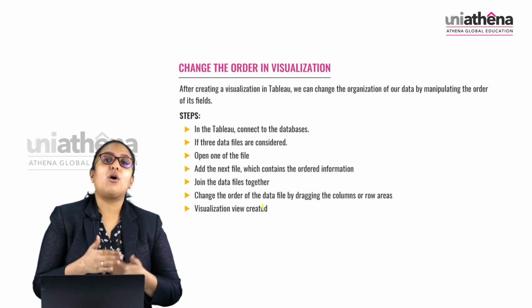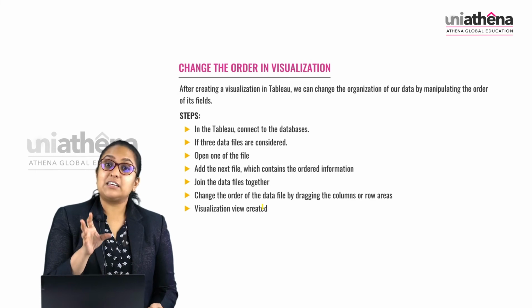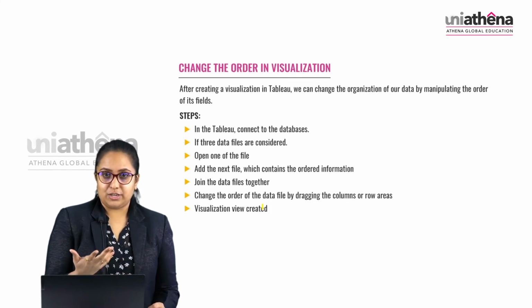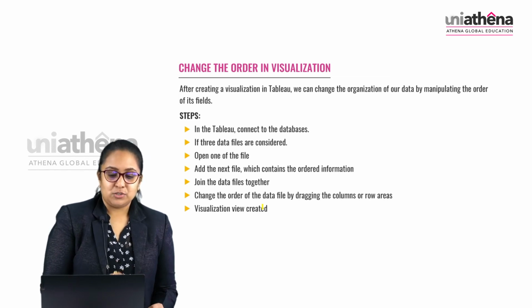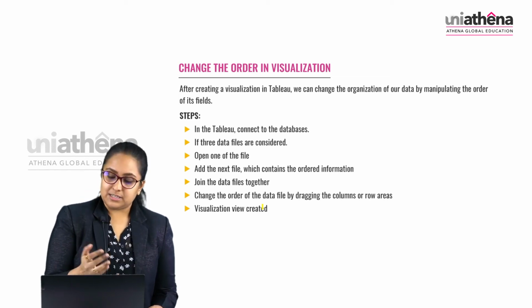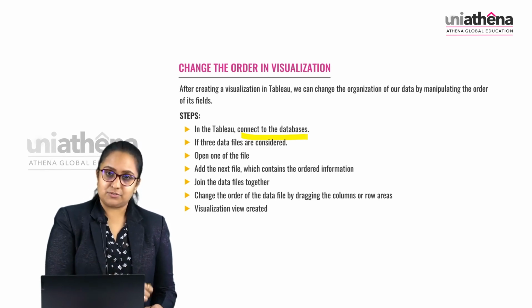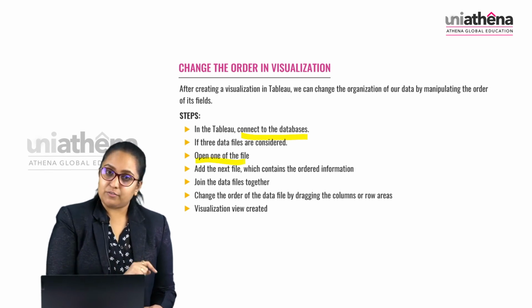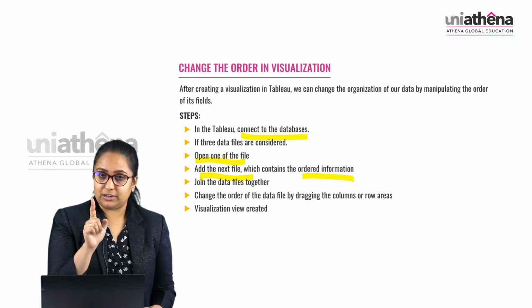Now, change the order. How do you change the order in a visualization? After creating a visualization in Tableau, of course, we can manipulate the order of its fields. So, here again you open Tableau and connect it to the databases. If there are 3 files, for example, you open one of the files, then you add the next file which again contains the same order information.